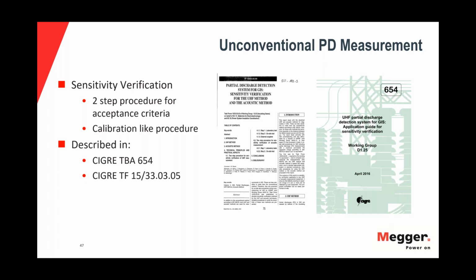Based on the CIGRE standards, there is a sensitivity verification procedure, which is a two-step procedure for acceptance criteria. That means the first step is done at the factory, and the second step is done locally after installation.